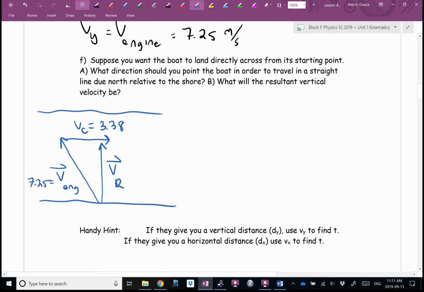Where is theta going to go? Top left or bottom right? Where the vector is coming from. And so theta is going to go right there. That 3.38, opposite, adjacent, or hypotenuse? That 7.25, adjacent or hypotenuse?